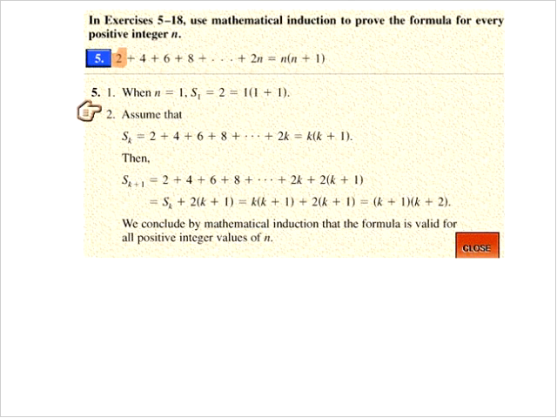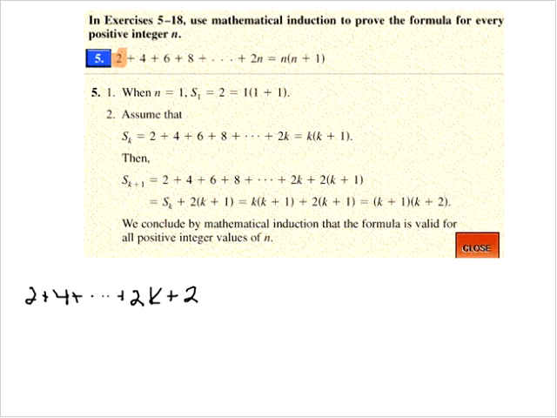Then we're going to assume that it works if we plug k in. So I can list this all, and instead of saying n, I'm going to put a k in there. Okay, so that's step 2. We substitute k in for n. Here's the tricky part then, step 3. We are going to then show that we can take this part right here, so far, so the 2 plus 4 plus those and 4s, all the way to 2k.